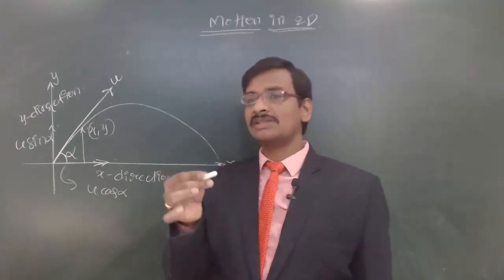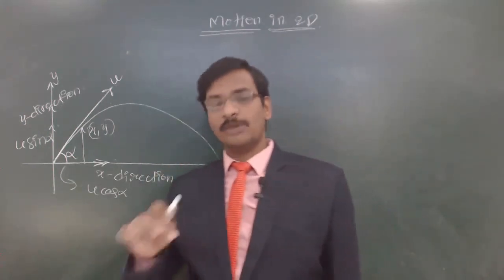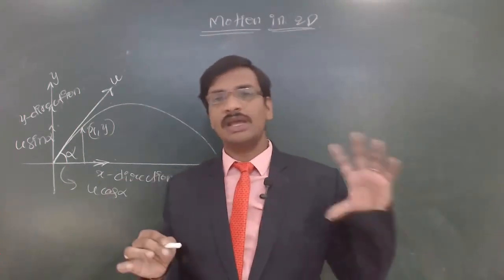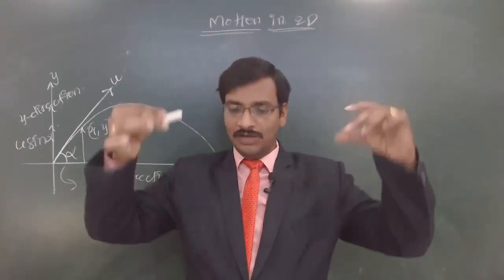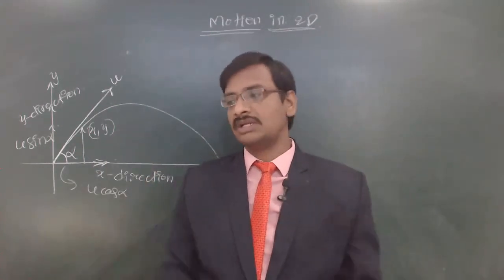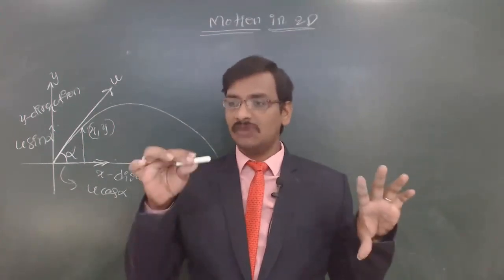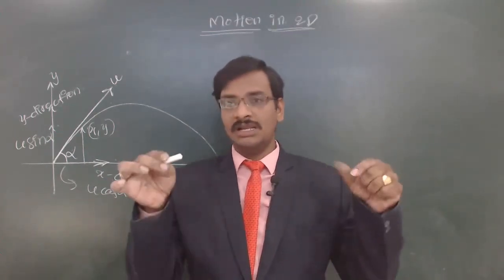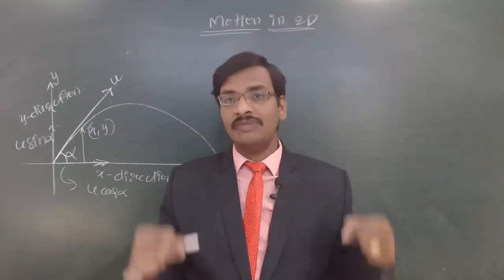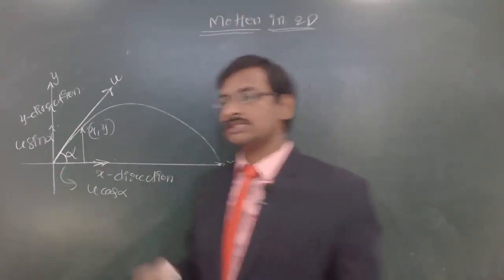This acceleration is constant irrespective of the mass of the particle. Suppose I take this chalk piece and 1 ton of stone, and I leave both, these two will touch the ground at one instant, though one is maybe 1 ton or 1000 kgs and this is only 100 grams. Still these two will fall down in the same time. This is the beauty of falling particles, right?